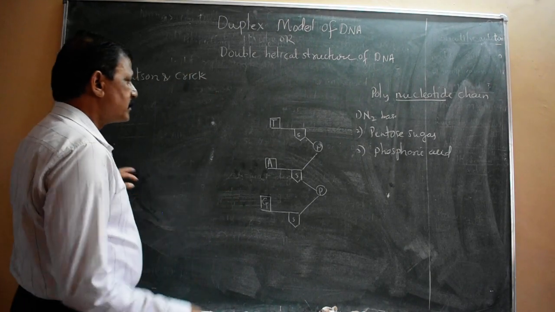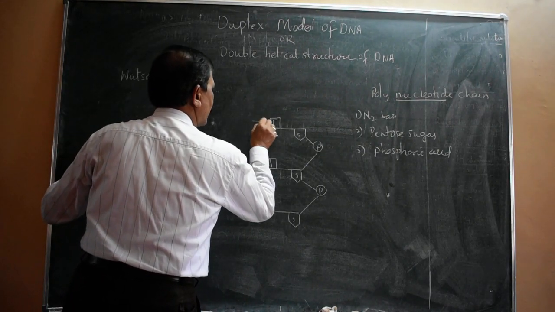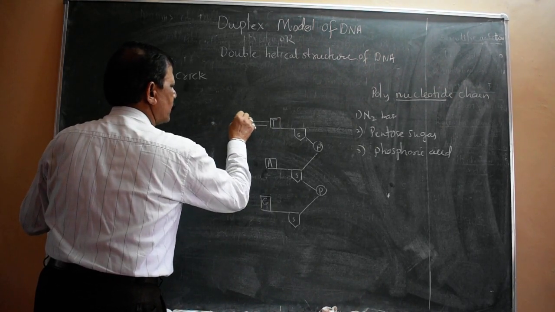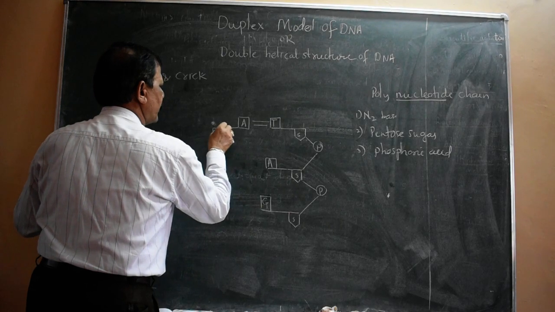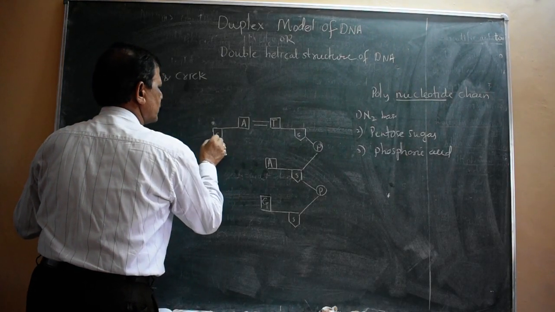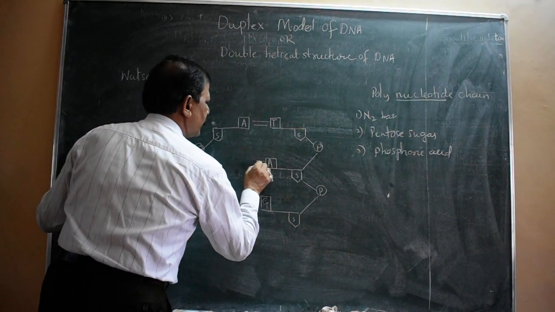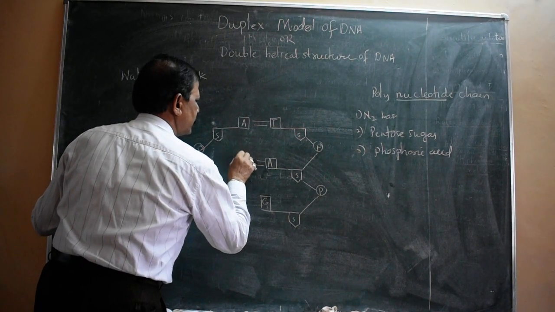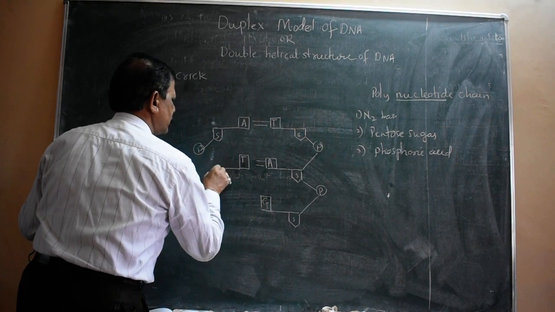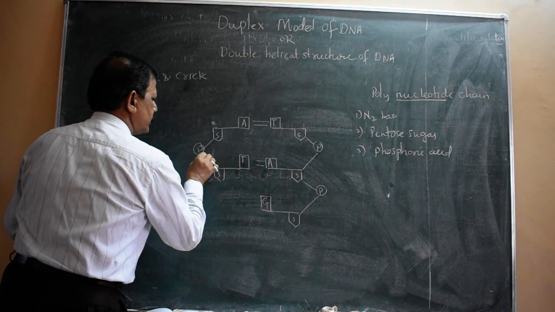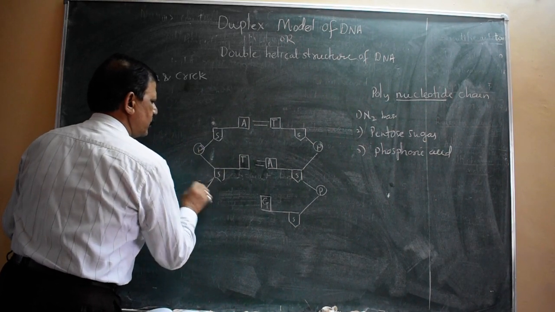Another strand of DNA: now I have to connect here. A double bond T, and to this once again the pentose sugar and the phosphate. Similarly A double bond T, then pentose sugar and phosphate.